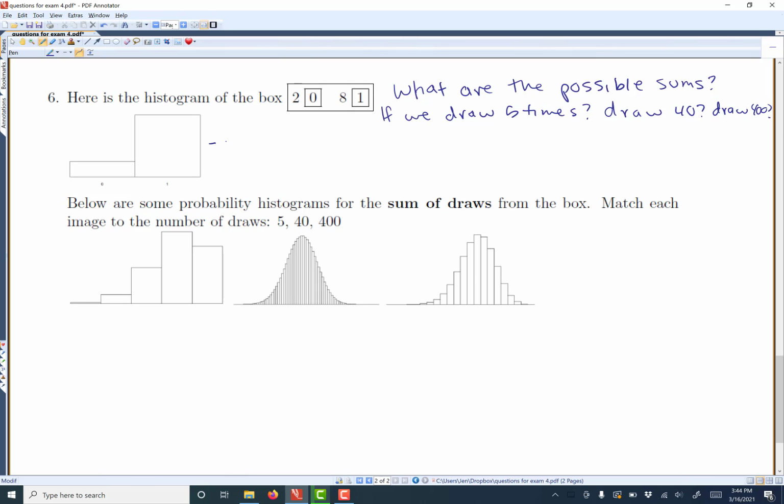Because for small numbers, like, say, 5 draws, if we have a small number of draws, it will still look lopsided.